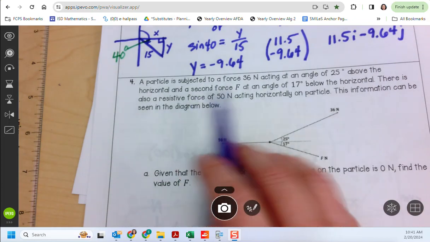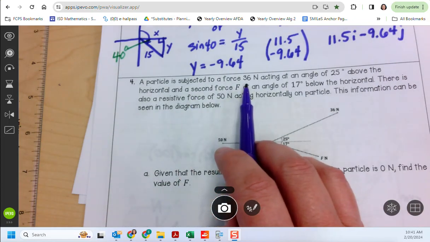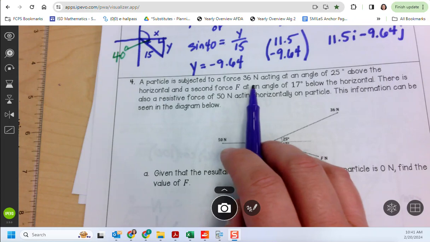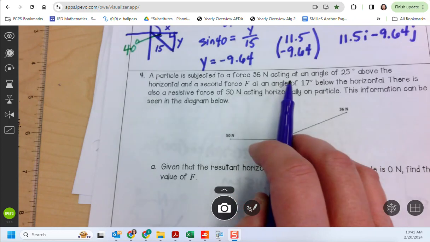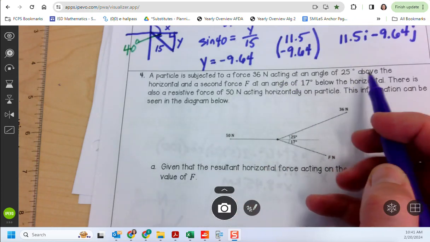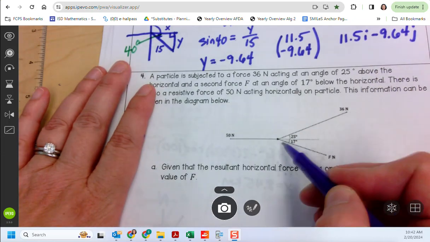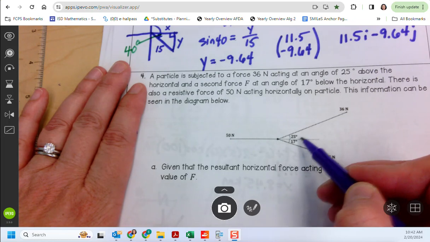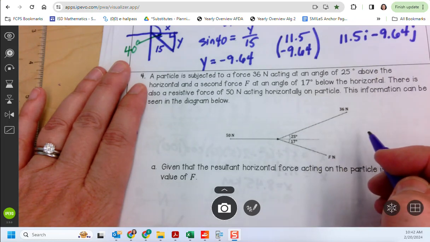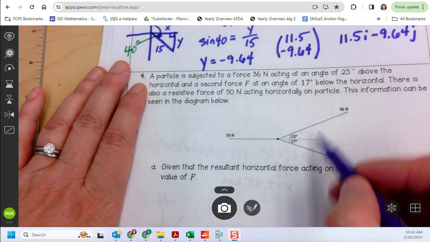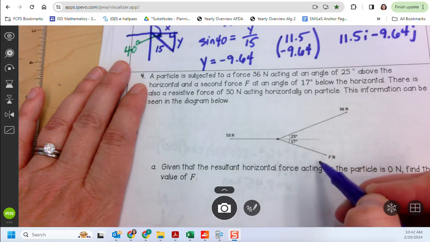A particle is subjected to a force of 36, I think the N is newtons, is that right? Yeah. All right. Acting at an angle of 25 degrees above the horizontal. So that would be this one, 36 newtons, 25 degrees above the horizontal. And a second force at an angle of 17 degrees below the horizontal.